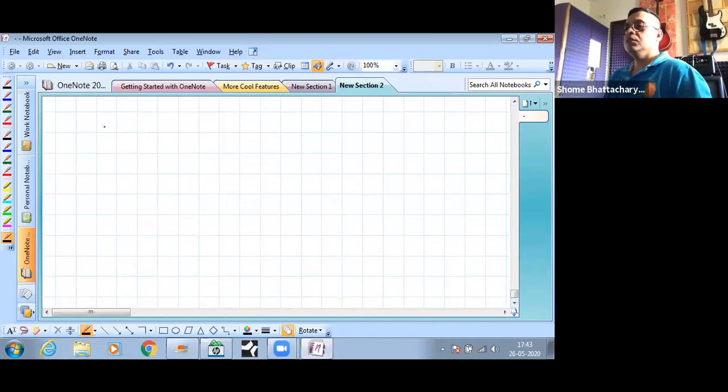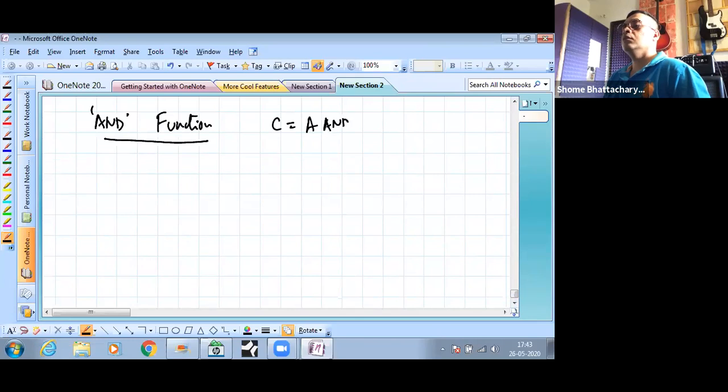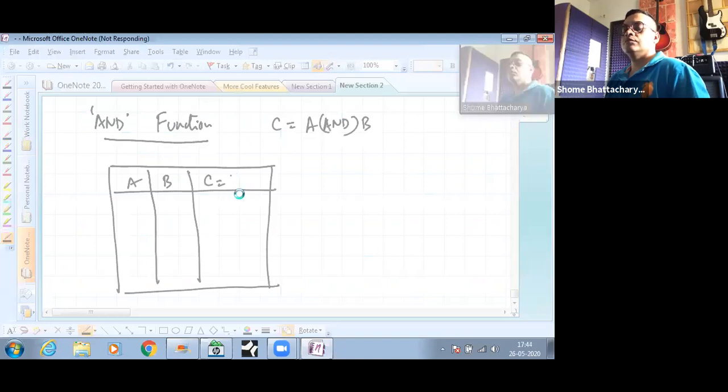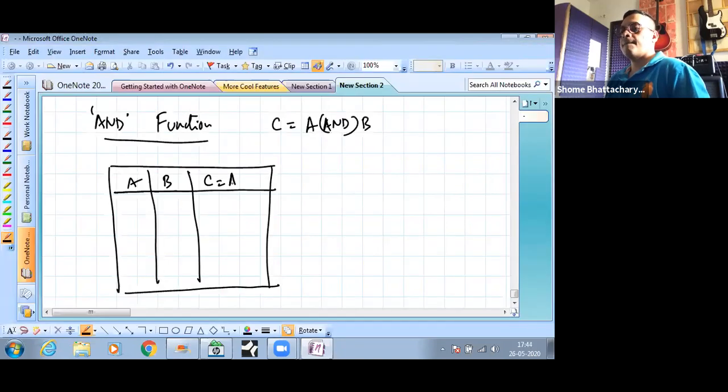Okay. So similarly, when you look at the AND function, like this, that C is equal to A and B, this implies this kind of a truth table. I'm sure you've seen this so many times, you're well aware of it. But false false gives you false.